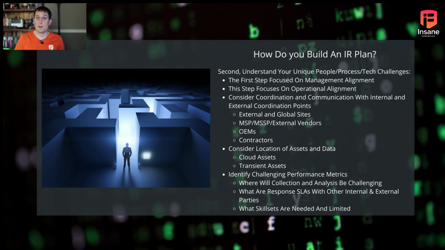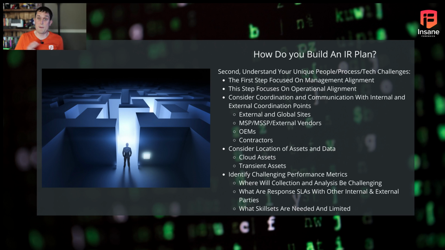Beyond that too, are you a site where we have these external sites, they're run by managed service providers, they're run by managed security service providers, right? We have external vendors and OEMs. All of those relationships are important to document. It's important to know when they come in, what the responsibility is, how you're going to work with them, what they are and aren't responsible for.